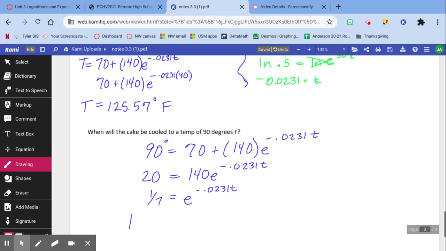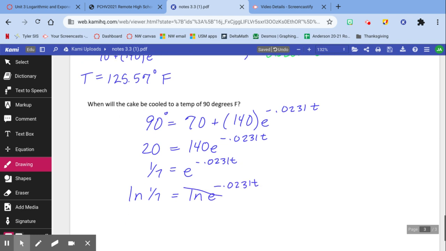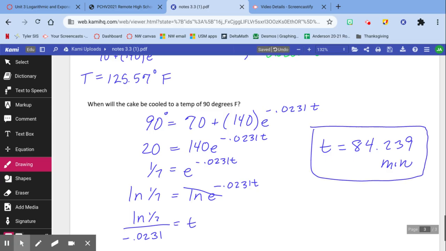We're going to use the natural log of both sides. That's going to cancel out, and we're going to divide. And T will give me 84.239 minutes, or an hour and 24 minutes.